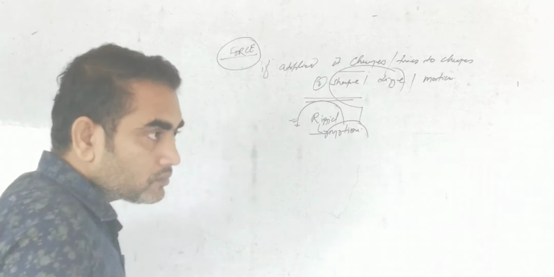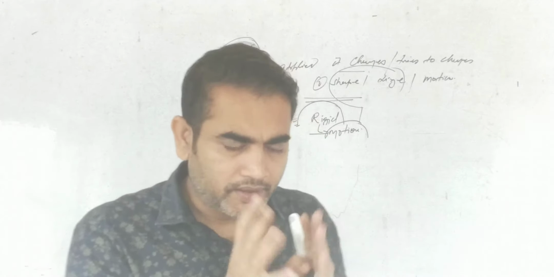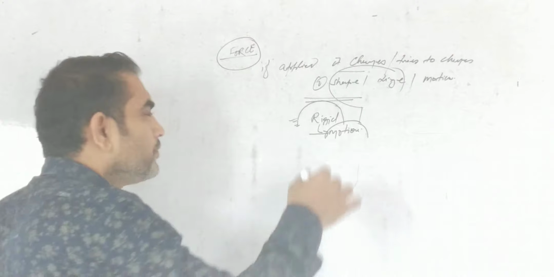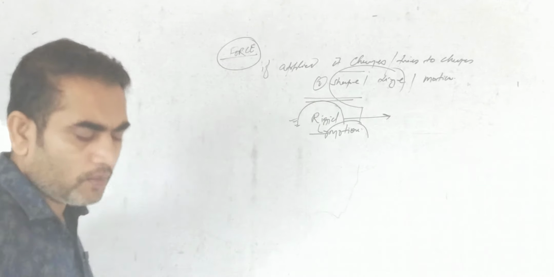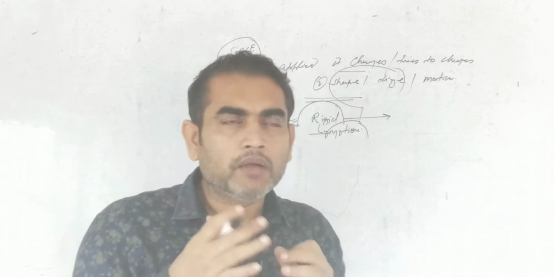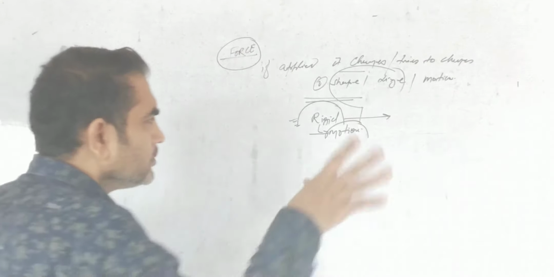To understand the change in motion, we need to understand certain things: how much force we are applying, and the position of the object, whether it is pivoted, whether it is fixed, whether it is free to move. We will discuss it.